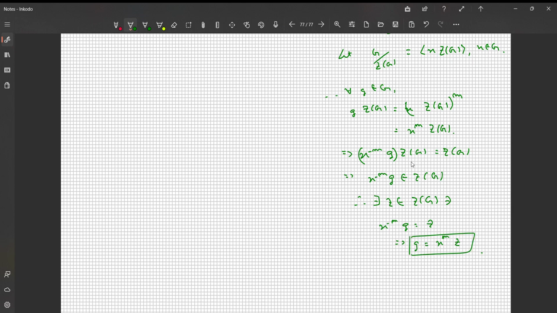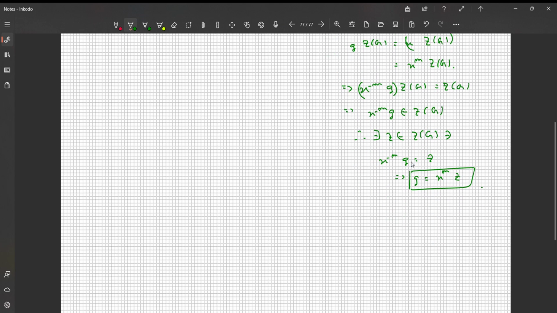Clear? Now suppose you choose two elements from G. Let g1, g2 be in G such that g1 is written as x to the power m1 z1 and g2 is written as x to the power m2 z2. Then what is g1 g2? So g1 g2 is x to the power m1 z1 x to the power m2 z2.